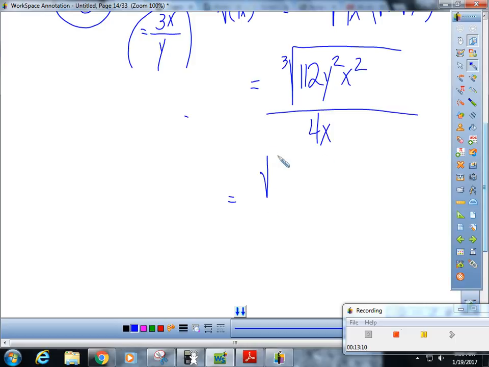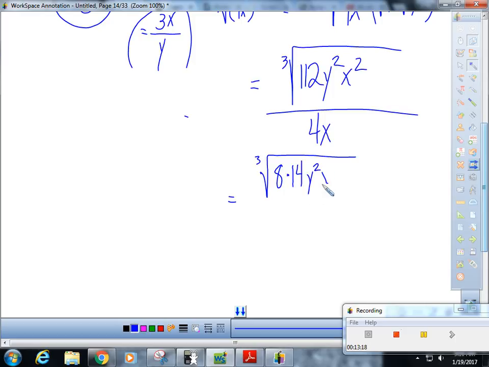So, we're going to rewrite the top as 8. The cube root of 8 times 14 times y squared times x squared. That's fine. Giving up's an option. Okay? What's the cube root of 8? It is 2. So that's 2 times the cube root of 14 y squared x squared over 4x.